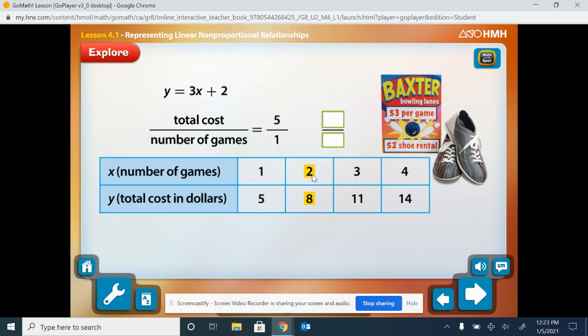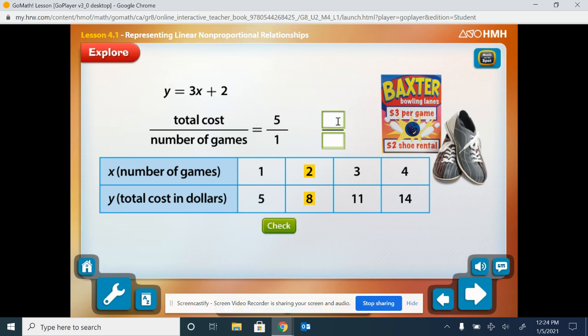Now, let's look at a second ordered pair. What is the ratio of the total cost y to the number of games x for the second ordered pair in the table? So the total cost is 8, and the number of games is 2. Try again. You want the ratio in simplest form, and you want the ratio of the total cost to the number of games.